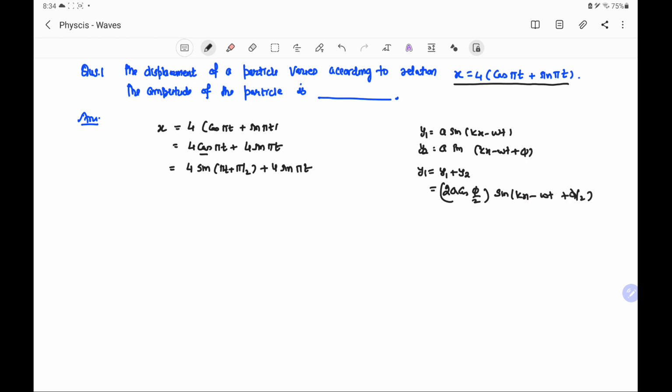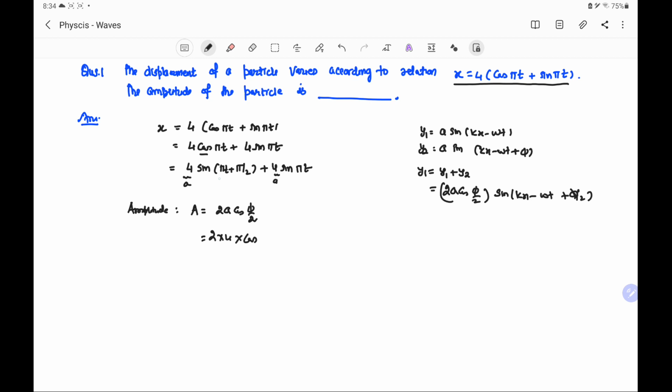This is the phase. Amplitude of the particle due to the superimposition of these two waves will be 2a cos(phi by 2). Here a is the amplitude of the individual wave, that is 4, so 2 into 4 into cos, and phi is the phase difference between these two waves.